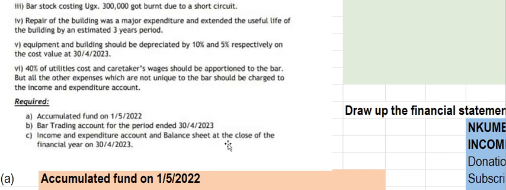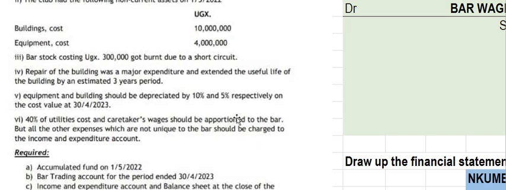Now the majority of these clubs do not keep proper books of accounts. They keep their accounts using single entry methods, so you will find that most of the information will be missing. However, to arrive at the accumulated fund on 1st May 2022, you have to get the assets at the start minus the liabilities at the start.